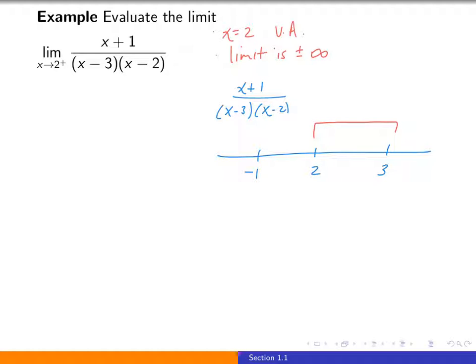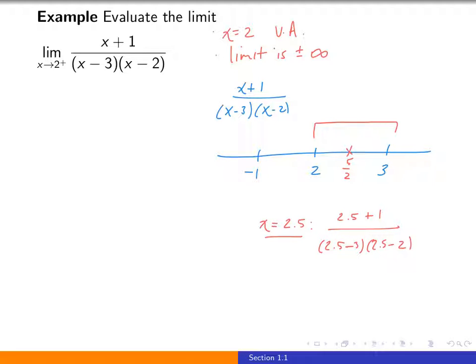The simplest value we can pick in between might be 5/2. So if x is equal to 2.5, we plug that into our function: 2.5 plus 1 divided by 2.5 minus 3 times 2.5 minus 2.